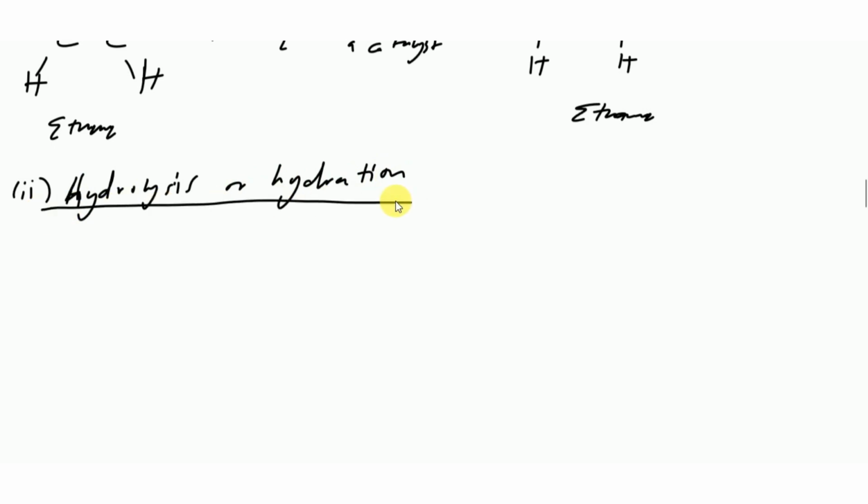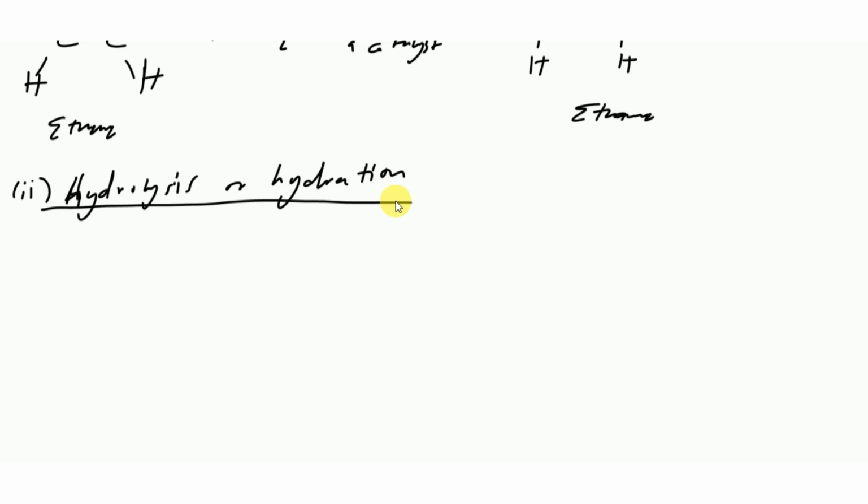So hydration or hydrolysis is the addition of water to a substance, and we're going to use our alkene, which is ethene. So when alkenes undergo hydrolysis, they'll produce an alcohol.